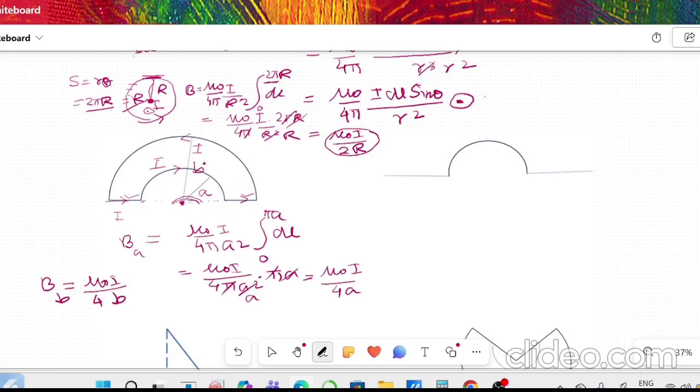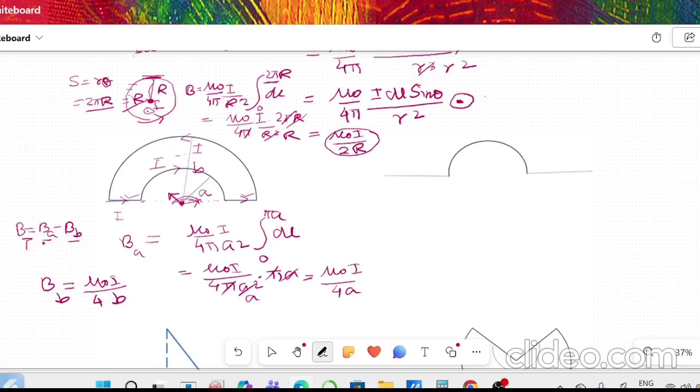Now you see, for this section, the magnetic field due to the current is going into the page. But for this section, it is opposite, so it is coming out of the page. So to find the total magnetic field at the center, we simply write BA minus BB.